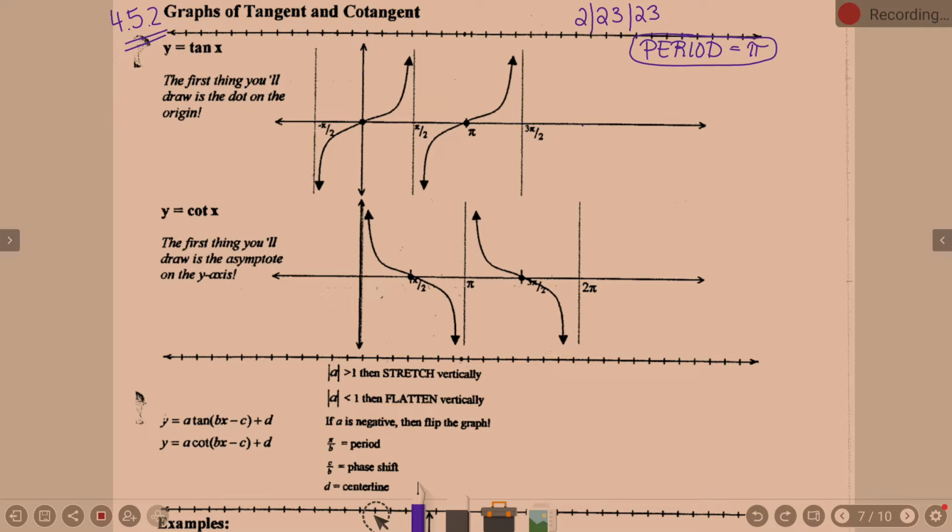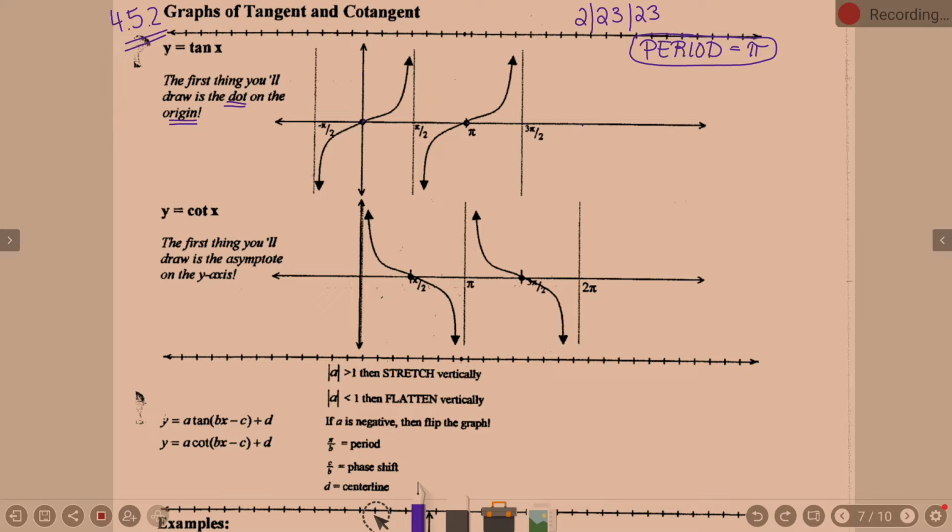With tangent, the first thing you do, before any phase shift or anything, is put a dot at the origin. That's where there's an intersection point at tangent. Now, you'll notice I said the period is pi. From one intersection point to the next intersection point is a distance of pi.